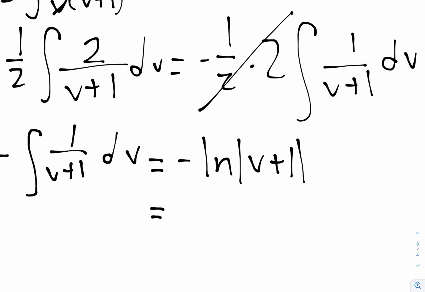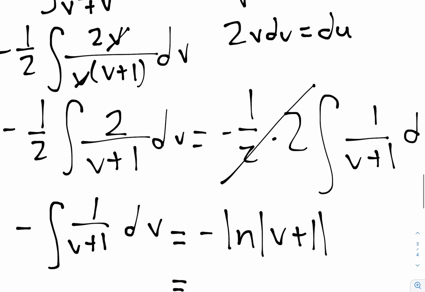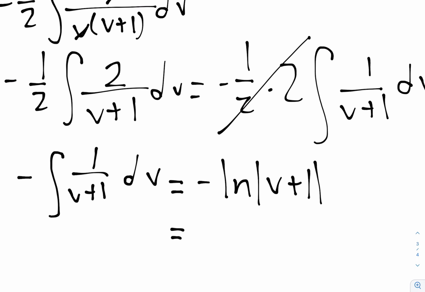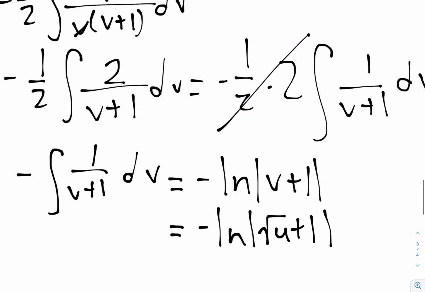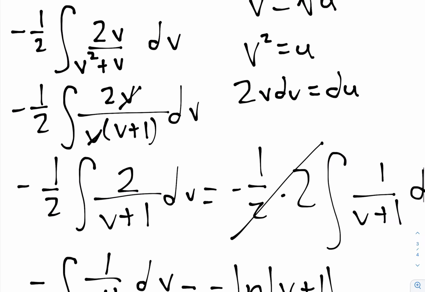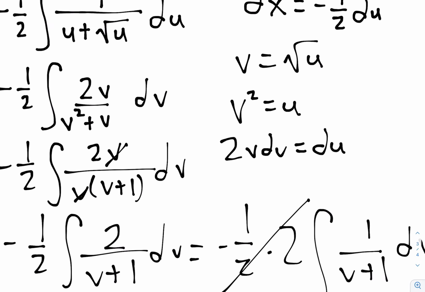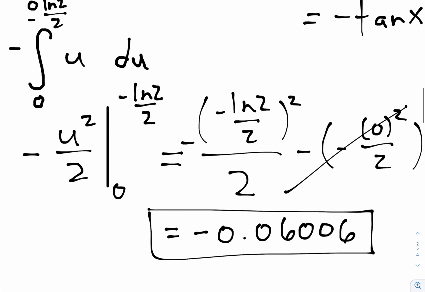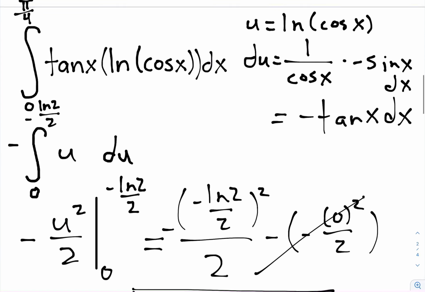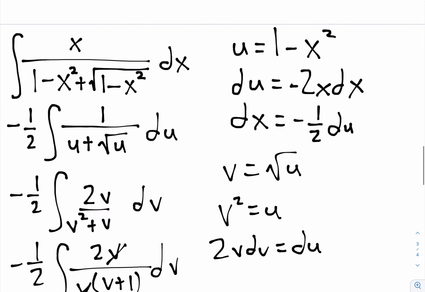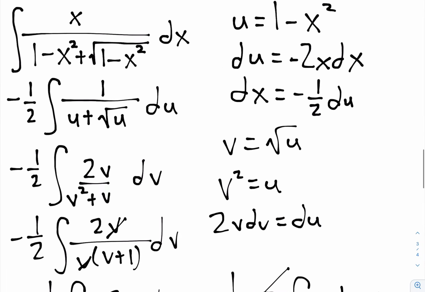And now we have to start to substitute back in for v what it actually is. So remember, v was equal to the square root of u, so this is negative ln square root of u plus 1. And the square root of u, well, let's look back here. So u is equal to 1 minus x squared.